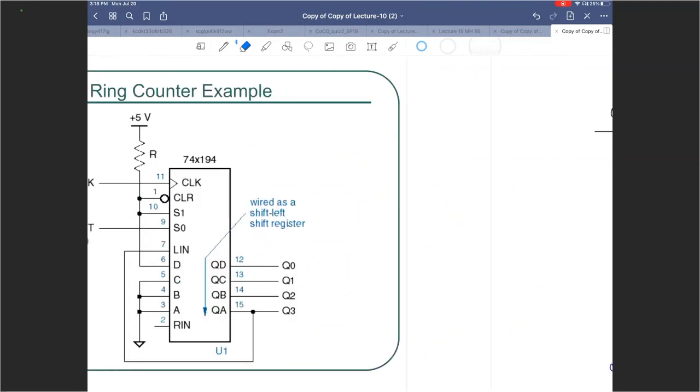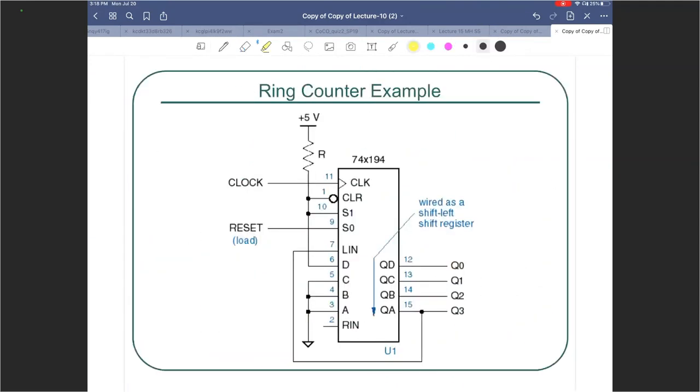What we have next is a ring counter. There is a reason why it's called a ring counter: there's a circular shifting nature to it. This ring counter is based on the 74x194, the bidirectional universal shift register.